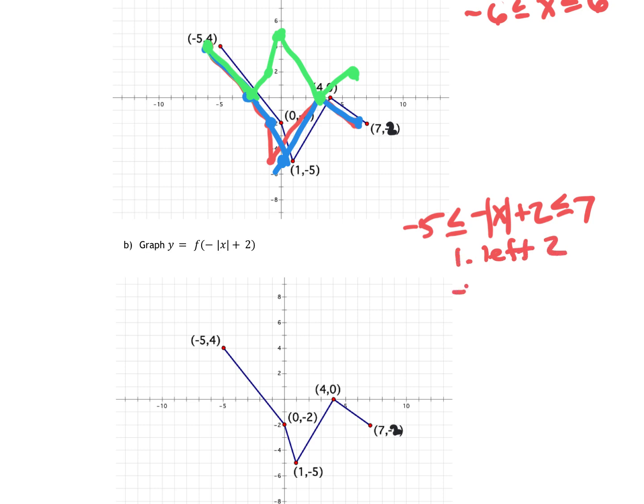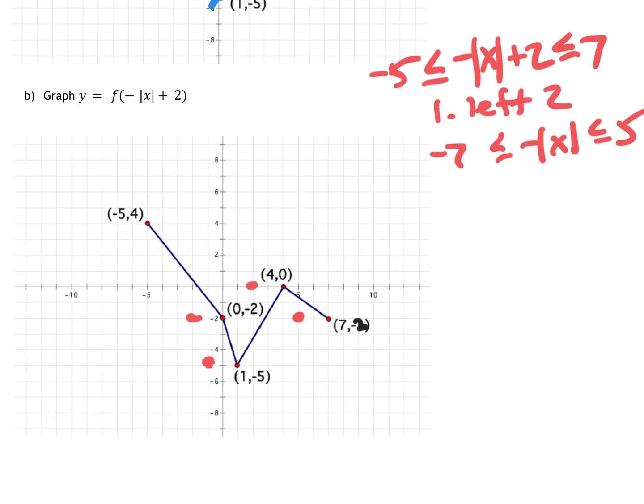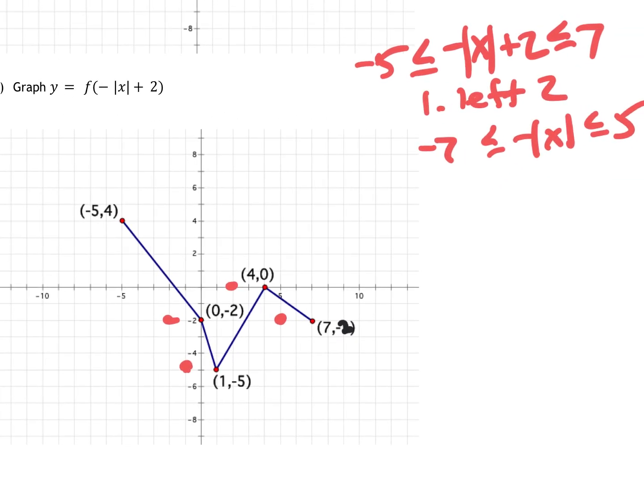So we'll be going then from -7 to 5. So let's do each of these left 2 to start off. So left 2, each of these crucial points. Let me make this a little bigger so I can see what's happening. And then left 2. Okay, so with just left 2, we'll do this in red.